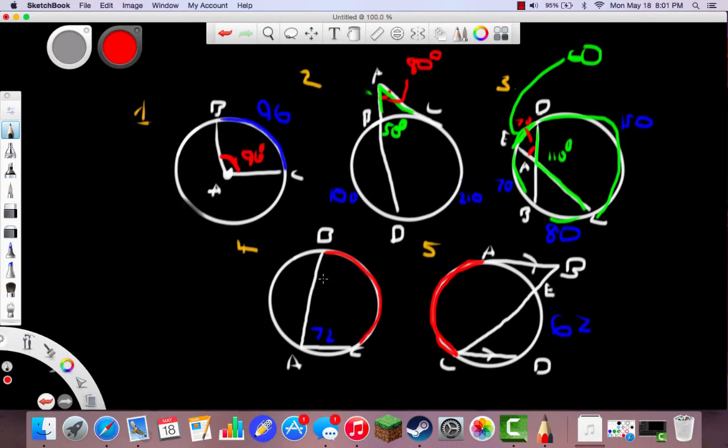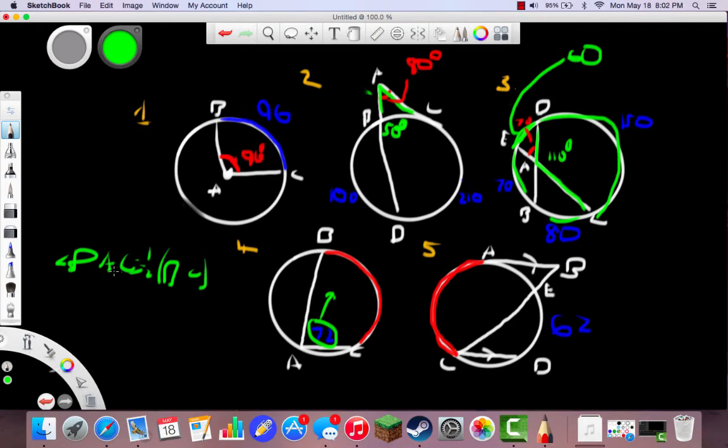For 4, this one was fairly easy. It was the inscribed angle. So really, all you had to do was take this angle measure and double it to get the arc. Why? That's the question. The reason is that this inscribed angle will be half of arc BC. So angle BAC equals half of arc BC, right?